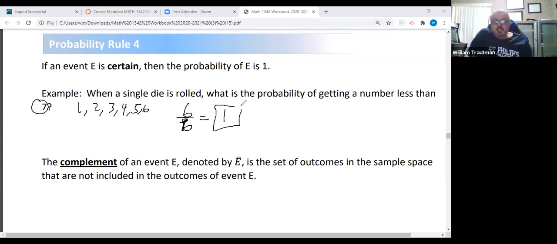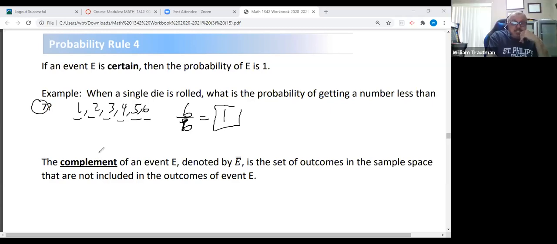The probability is 1, or 100%, because all the numbers are less than 7. It doesn't matter which number you pick, you're going to get a number less than 7. Each one of these is a desired outcome.